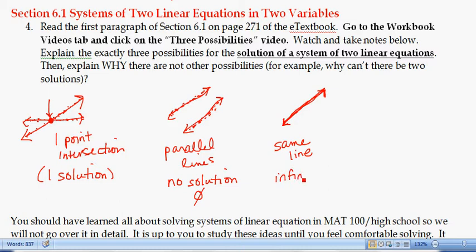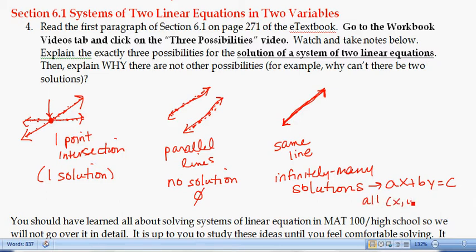So there are infinitely many solutions, and those solutions are all ordered pairs that satisfy, say the equation was of the form ax plus by equals c, it would be all (x, y) that satisfy that equation. Right? So what's happening here is I have all infinitely many points that satisfy this first line, and in fact those are exactly all infinitely many points that satisfy the second line. They are in fact exactly the same.